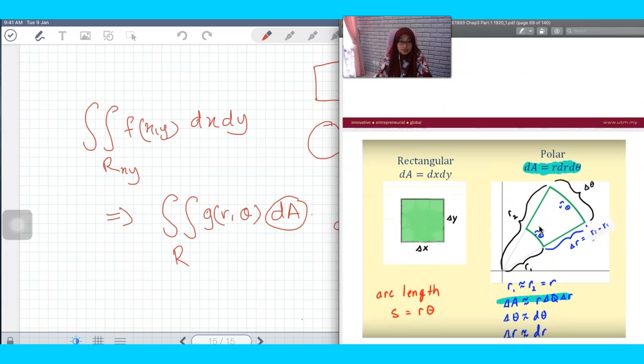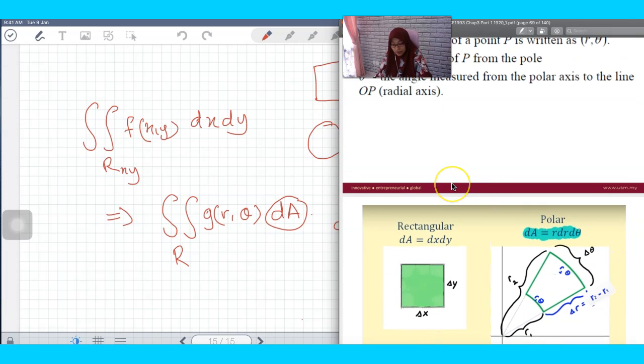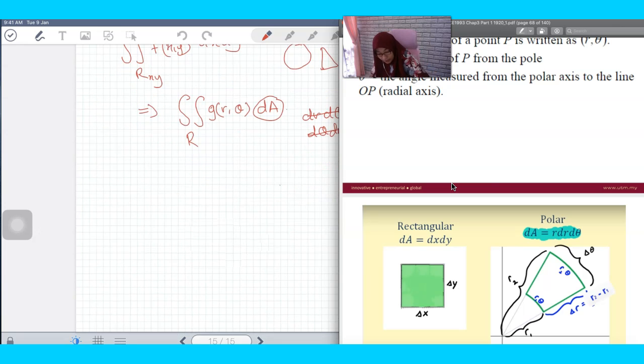Okay, so now I want to explain to you, for Cartesian, we know the order of integration, whether you have dx dy or dy dx.